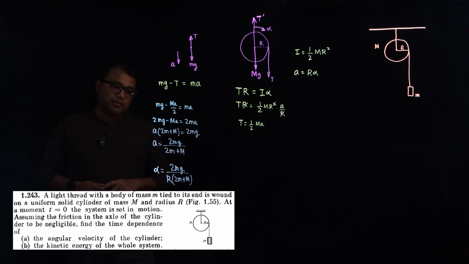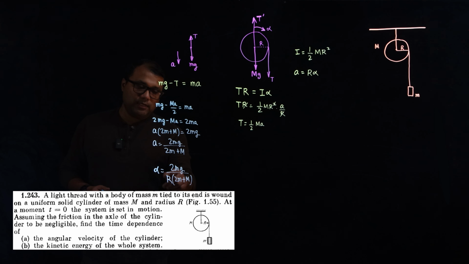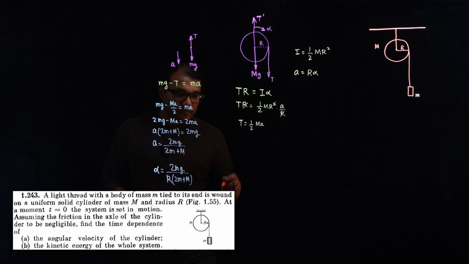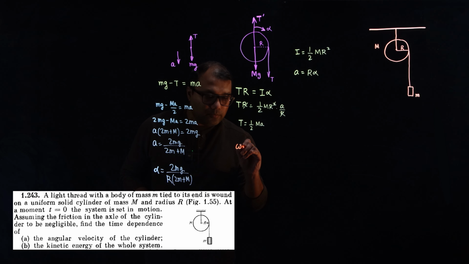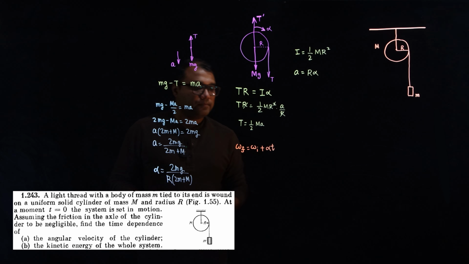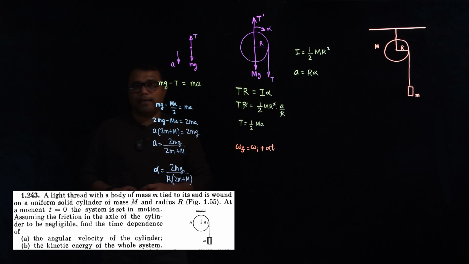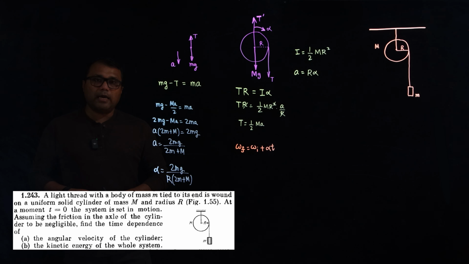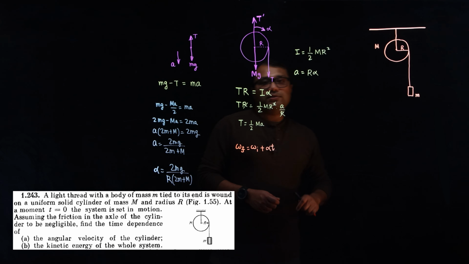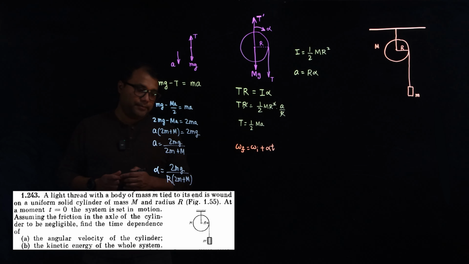Now we see that this alpha is a constant. Everything here is a constant. So we can use this equation. Final omega is equal to initial omega plus alpha t, where t is the time. We are looking to find the time dependence of angular velocity. Now omega initial is 0 because this starts to rotate.